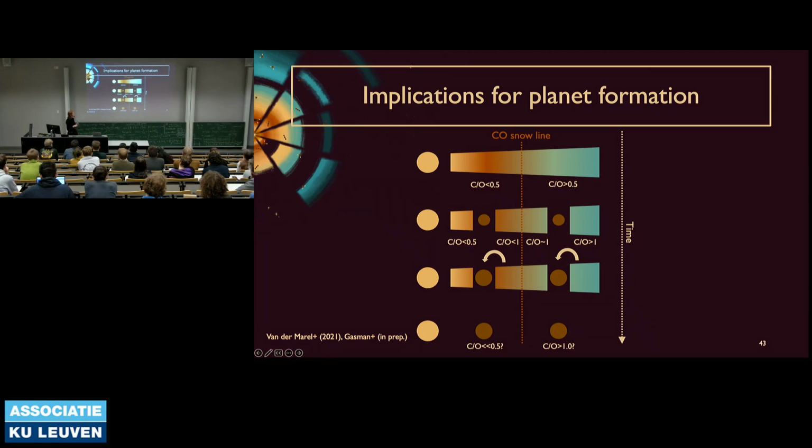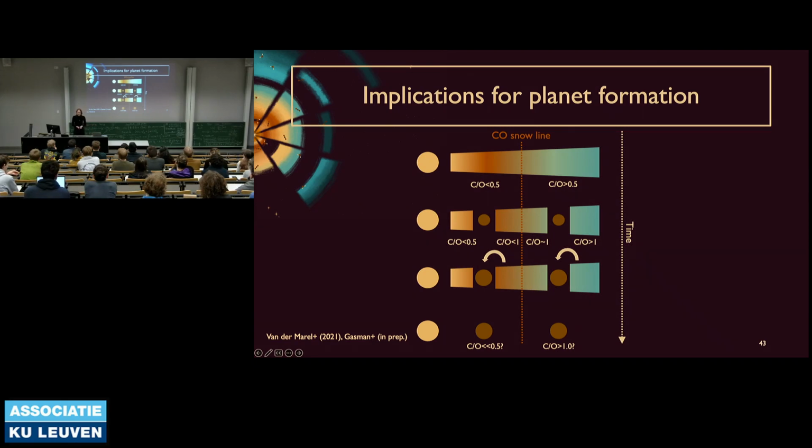Aside from seeing this in the inner disk, which is what I've seen, Nienke van der Marel also saw this happening with gaps in the outer disk: there are changes in C over O ratio if you have a gap. So this means that the presence of a planet further out in your disk can really influence what your planet will look like further in, right?